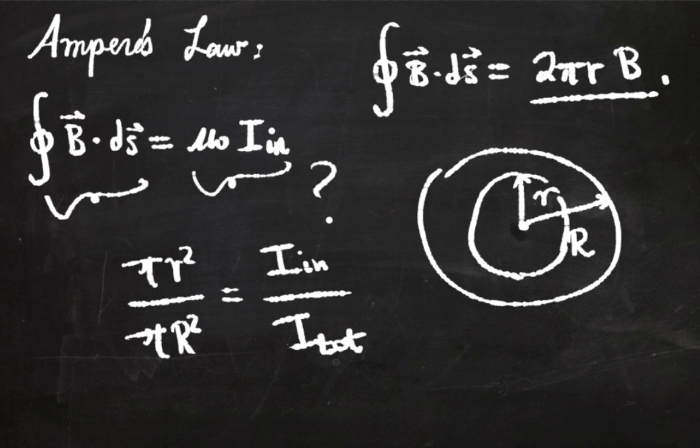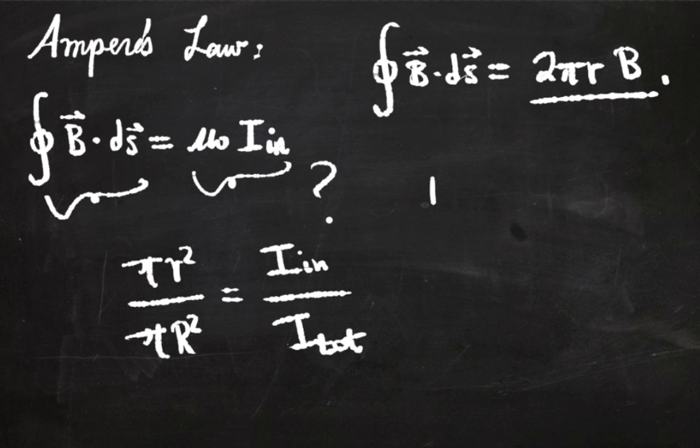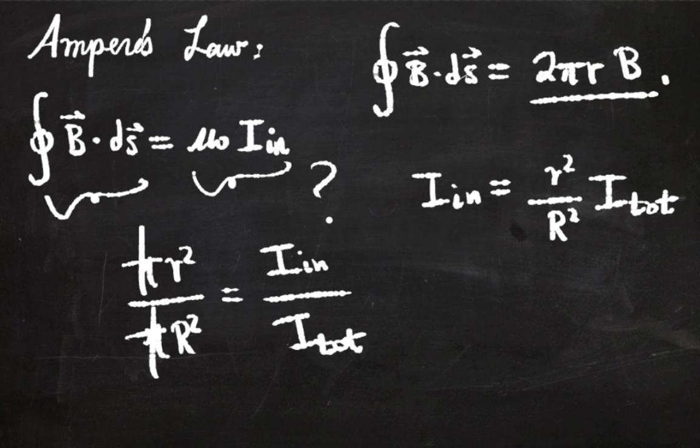Again, this follows directly from the fact that the current density is uniform throughout. And then solving for the enclosed current, obviously these two pi's are going to cancel. We get the ratio of the squared radii times the total current.